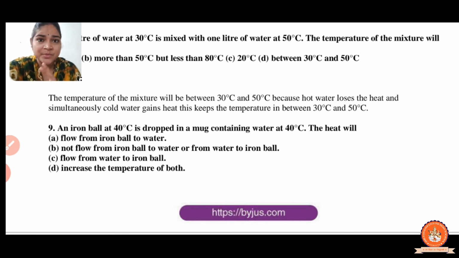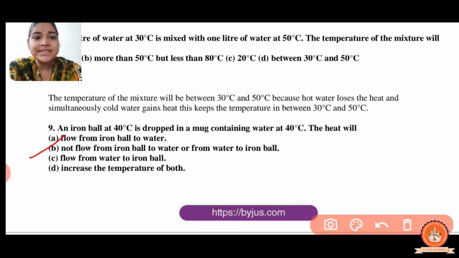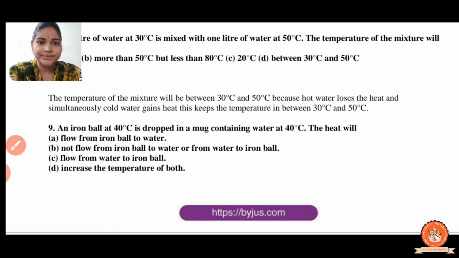That's why they do not transfer heat to each other, because the temperature is the same, 40 degrees Celsius. So the answer is B, no heat flows from iron bowl to water or from water to iron bowl.